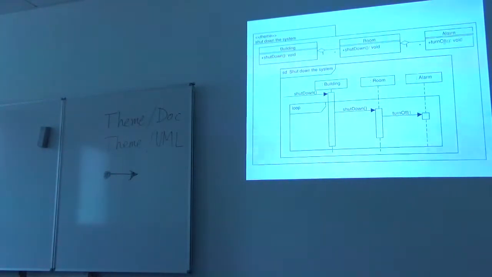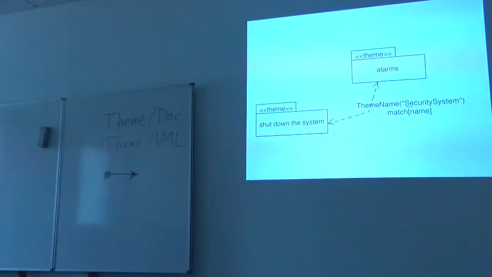But these two entities, like themes, and those classes inside seem to be of equal level, equal quality. We do not say that this one is an aspect of this one, and this one affects this one, and so on, like in asymmetrical aspect-oriented programming.